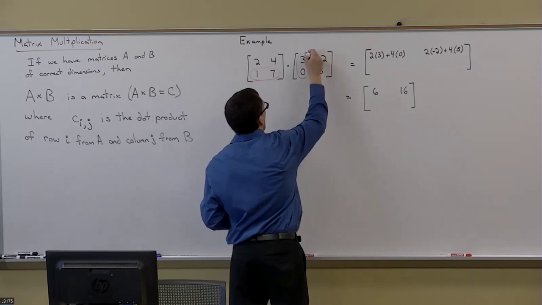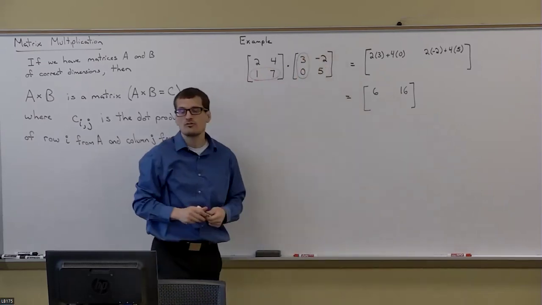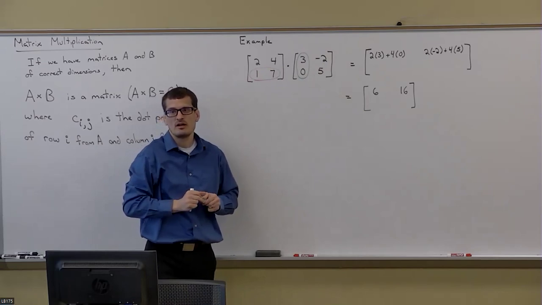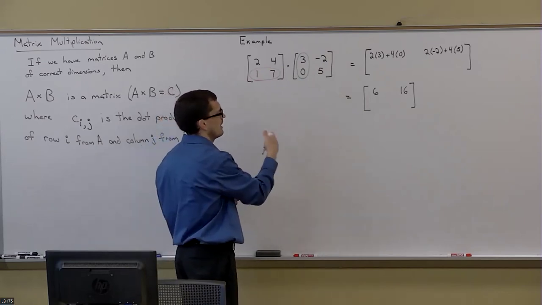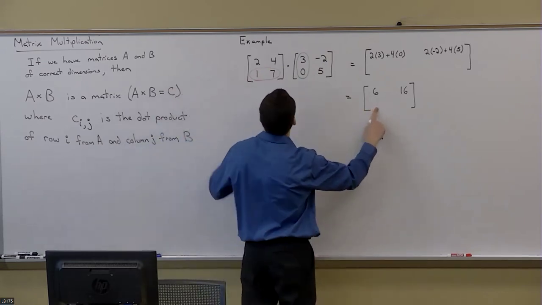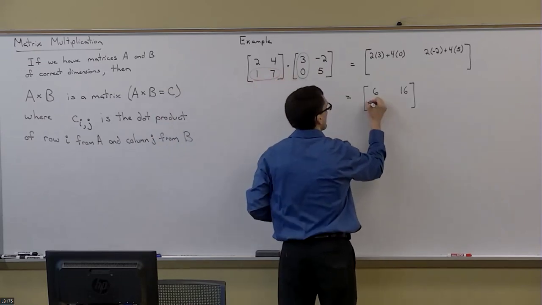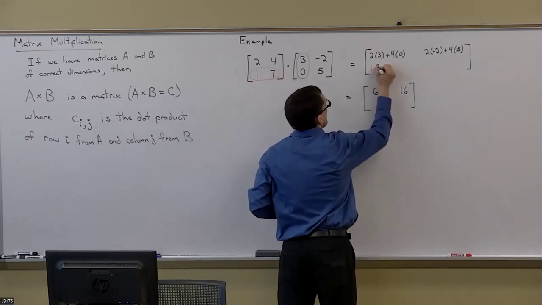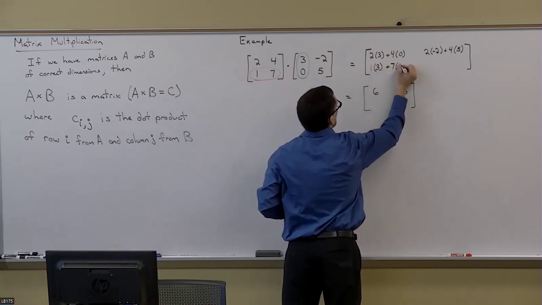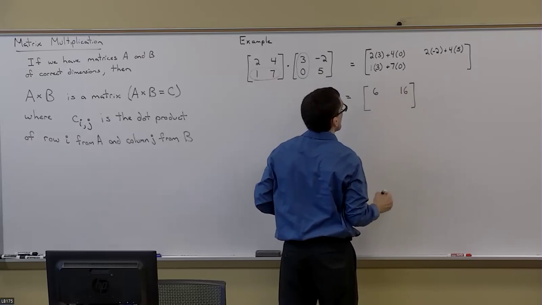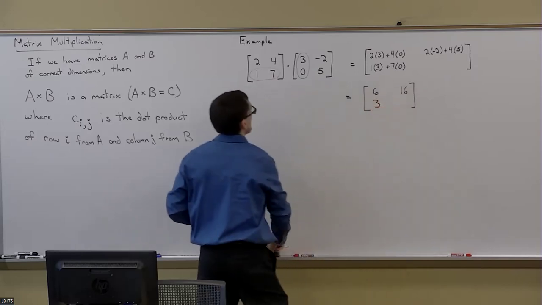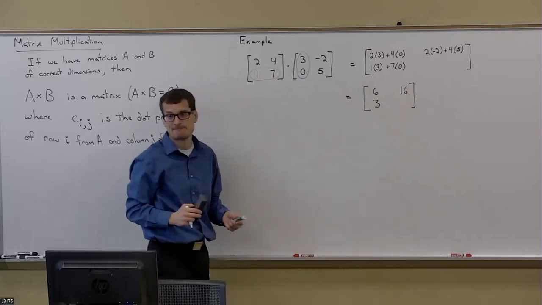Times the columns. So row 2 in the first matrix times column 1 of the second matrix gives you the 2, 1 entry. That's 1 times 3 plus 7 times 0. By the way, that gives you 3. We okay with that?